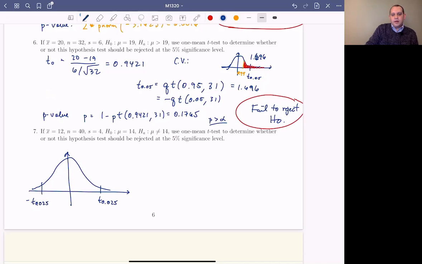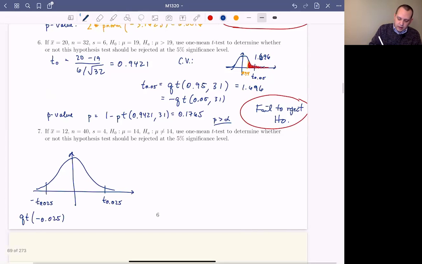And again, we could do this one of two ways. So I think what you could do is, oops, let's do QT of negative 0.025. And that would give you the negative value, and then you can take the positive value to get the value on the right side. But this would give you negative 2.023.